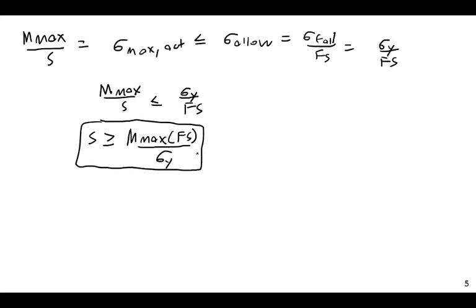In this case, M max is equal to 32.12 kip feet. This is from our moment diagram. This is the maximum moment at any location along the beam. Now do be aware, we do have to use consistent units: 12 inches per foot times 2.0, or let's use a factor of safety of 2.0.